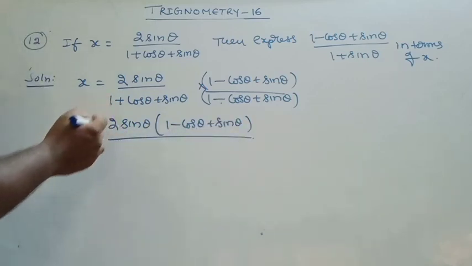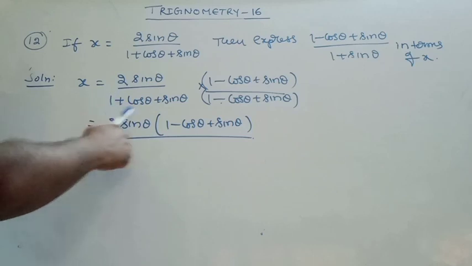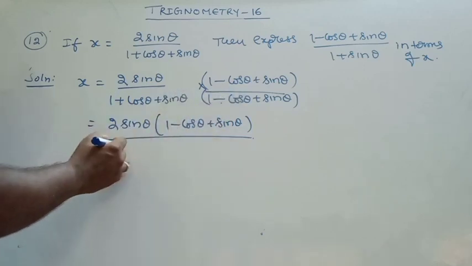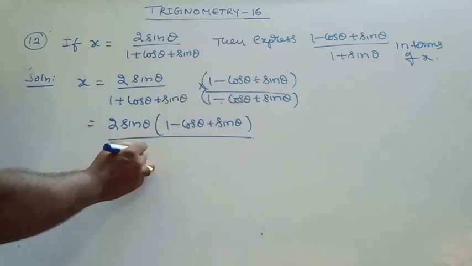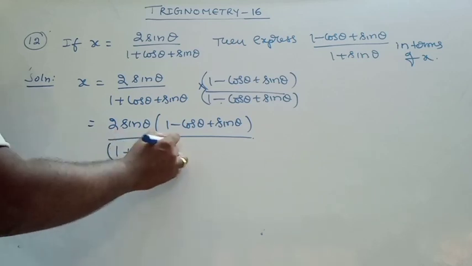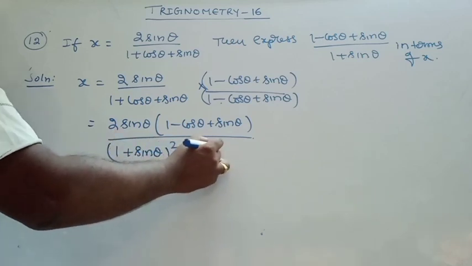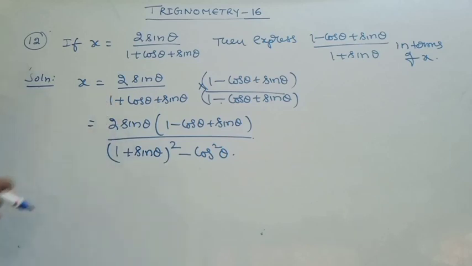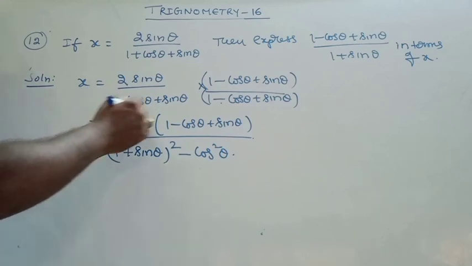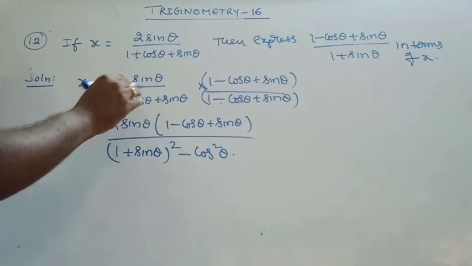And here one thing you can observe, 1 plus sin theta, this I can write as 1 plus sin theta whole square minus cos square theta. We can write 1 plus sin theta as a and cos theta as b.